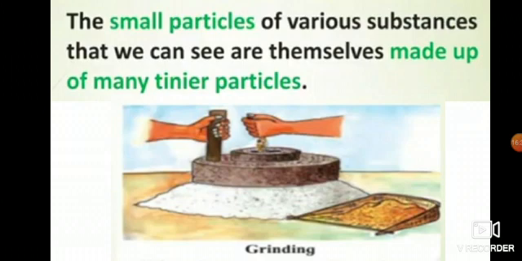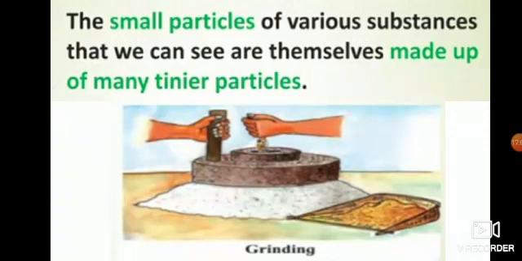The small particles of various substances that we can see are themselves made up of tinier particles. We can see wheat or rice, any type of grain, but the tiny particles with whose help it is prepared, we are not able to see.